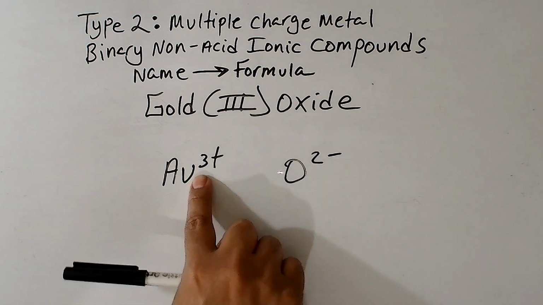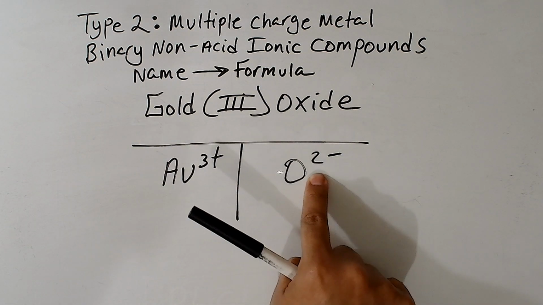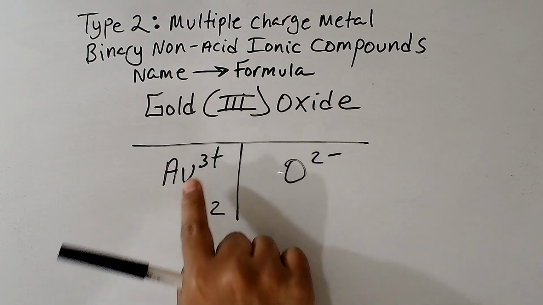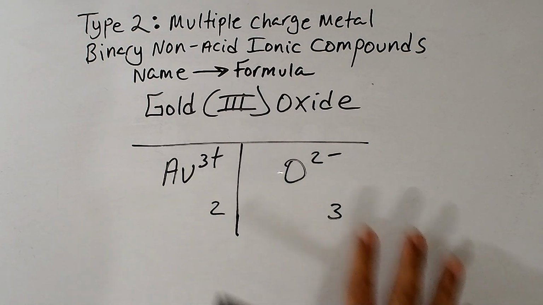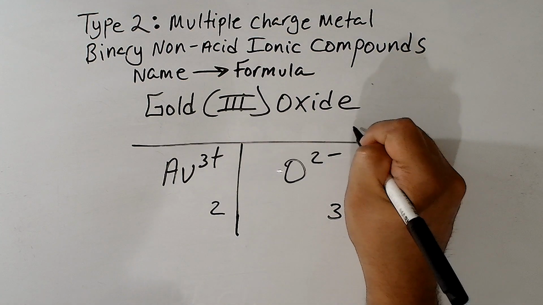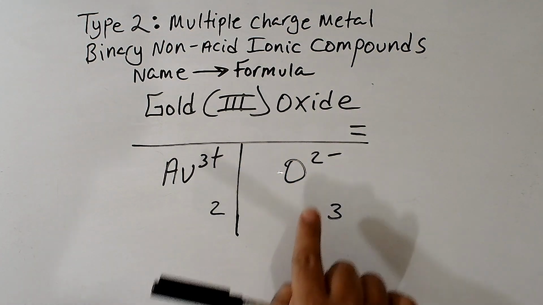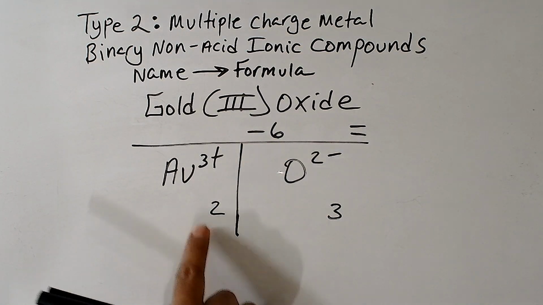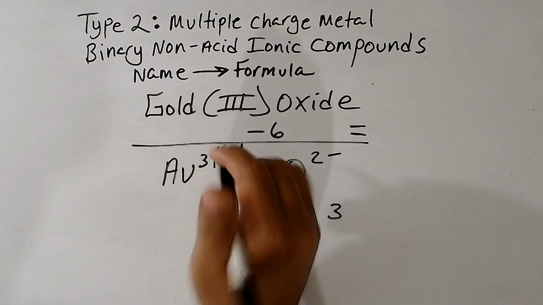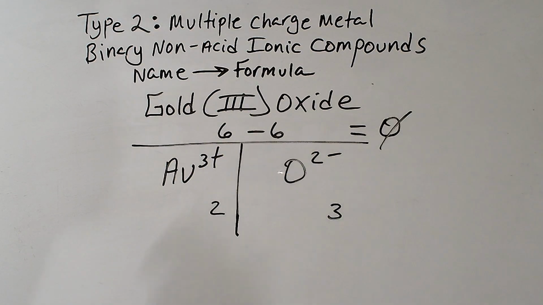My numbers are different, so I'm going to create a T chart. I'm going to bring the 2 over here, the 3 over here, and I'm going to make sure that this compound balances to 0. 3 times -2 gives me -6. And 2 times 3 gives me 6. 6 minus 6 equals 0.